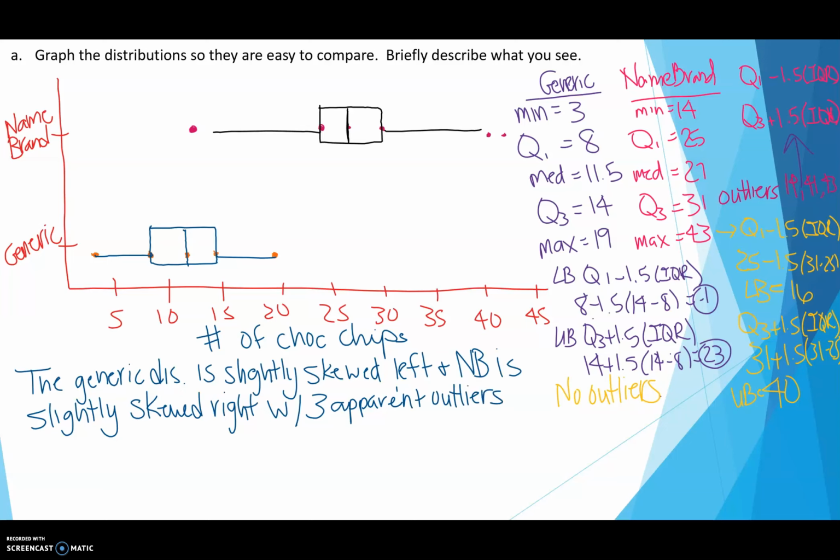The center and the spread are obviously greater for the name brand distribution. Okay, and that's all you have to write for that.